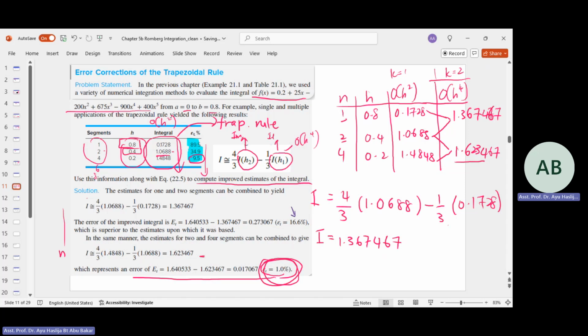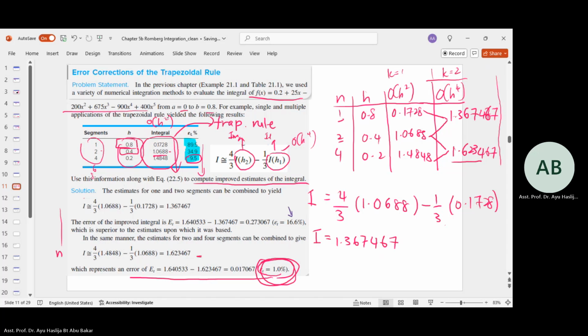No need to have more n. K3, okay, if you want to go to K3, wait, I copy this thing to another slide.